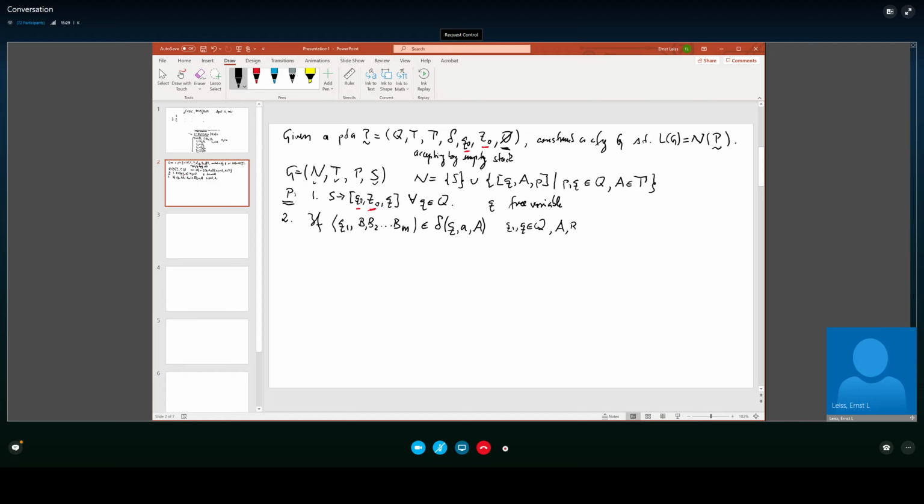Capital A, B1 through Bm are stack symbols, and a is either a terminal input symbol or epsilon.